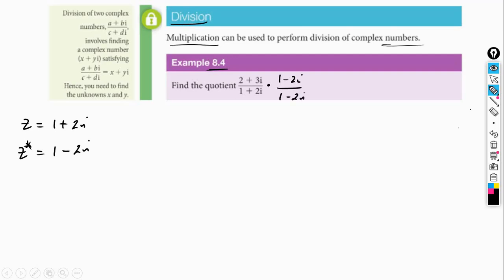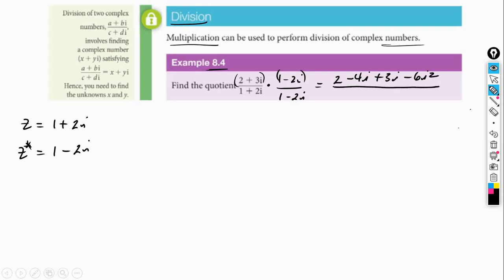Notice that we simply do the distributive property for the top as we did in the previous example. And we're going to get 2 minus 4i plus 3i and then minus 6i squared.